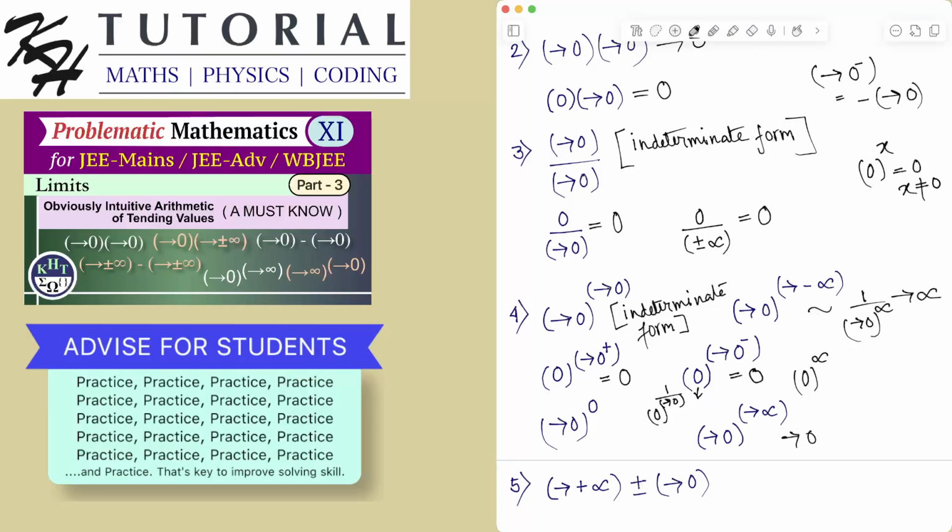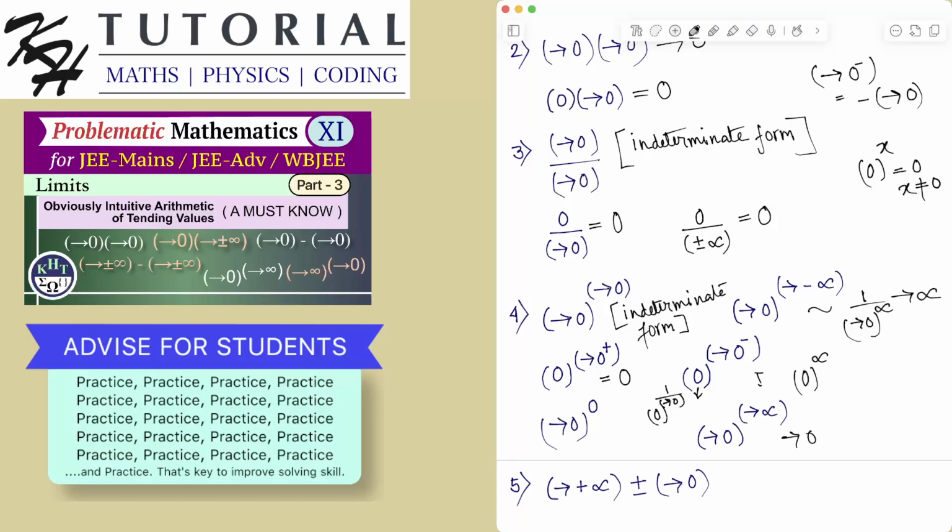So exact 0 raised to the power a value tending to 0 negative is actually not defined, because we are having 1 by exact 0 raised to the power a value tending to 0. Now 0 raised to the power anything tending to 0 is 0, so 1 by 0 is undefined.